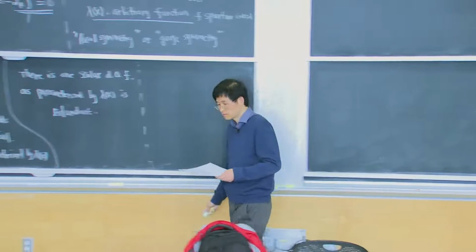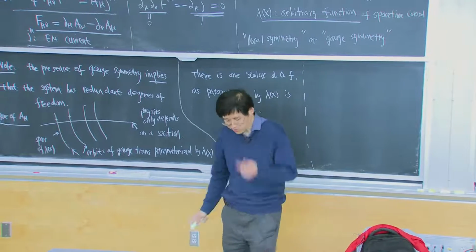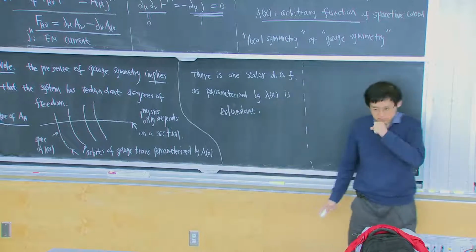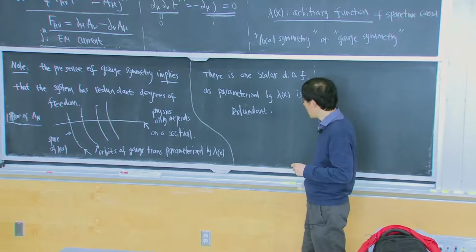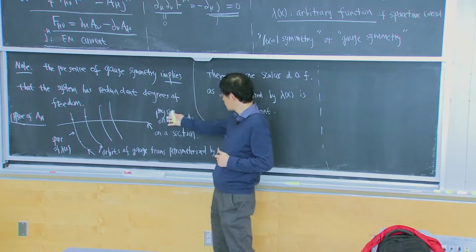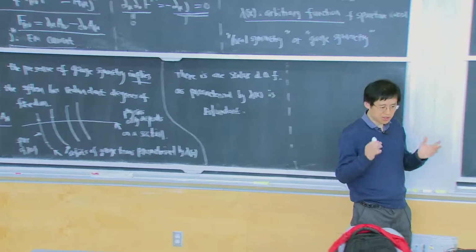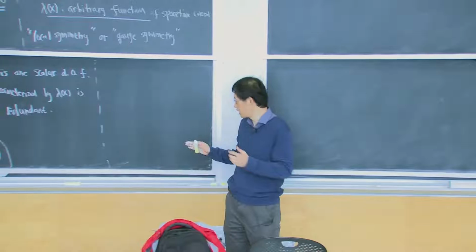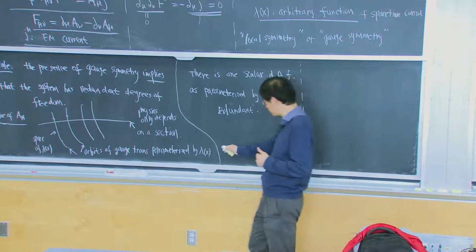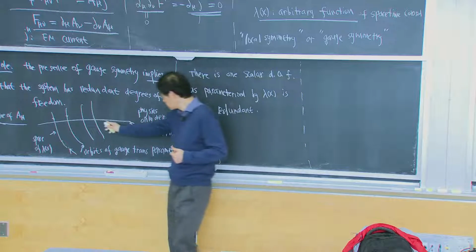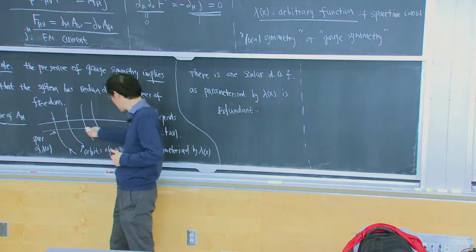Okay. If you remember, in classical EM, when you solve the Maxwell equation, the physical quantities are all independent of the choice. Each choice of this section is called a gauge.